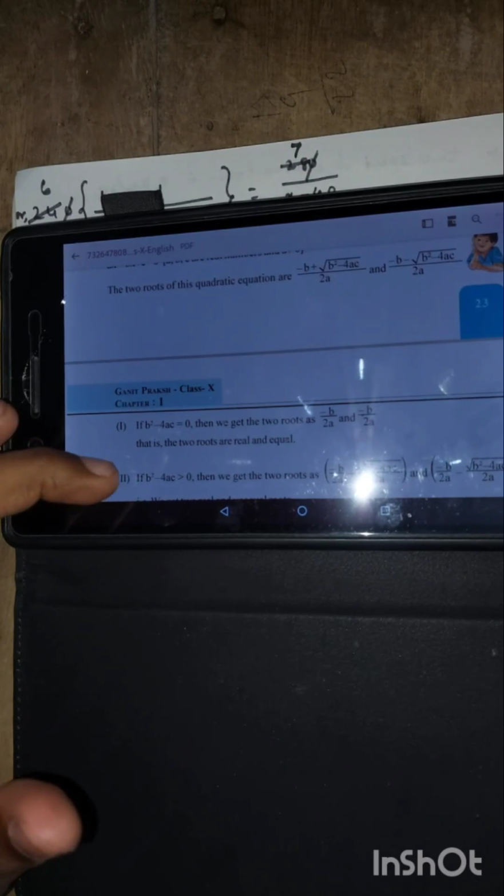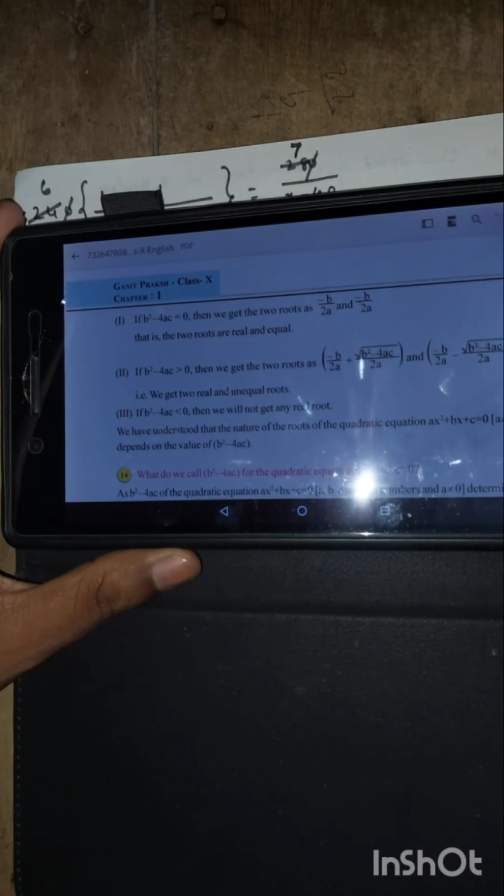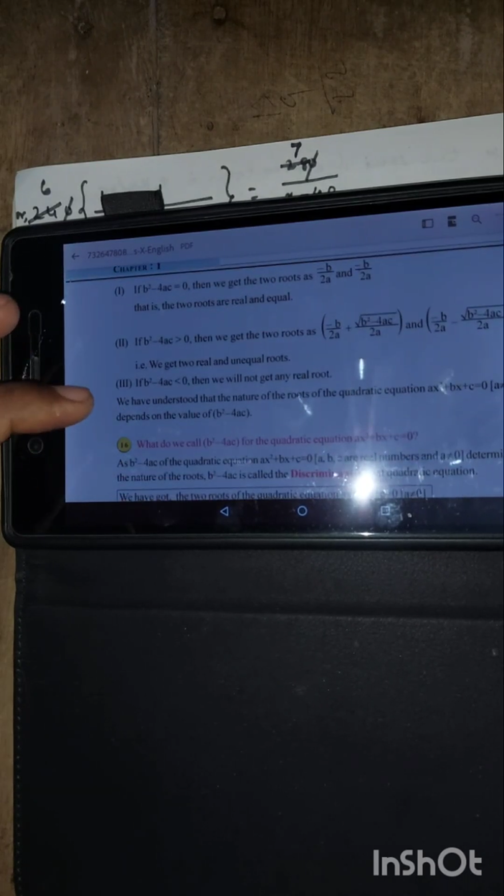Now if b square minus 4ac is greater than 0, we are getting two distinct roots, which are unequal and real. Now if b square minus 4ac is less than 0, then we will get no real root because it will become a negative quantity, and under root a negative quantity is not a real number.